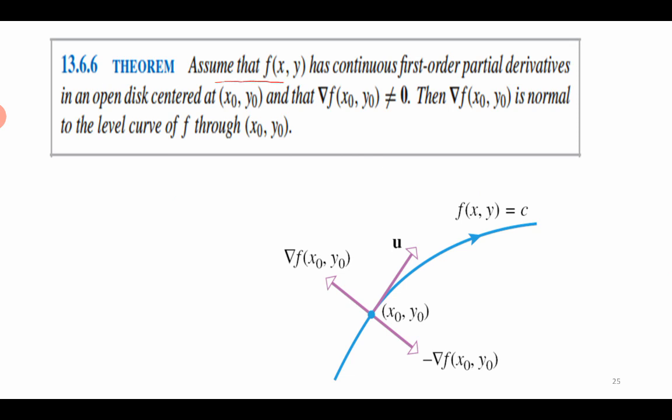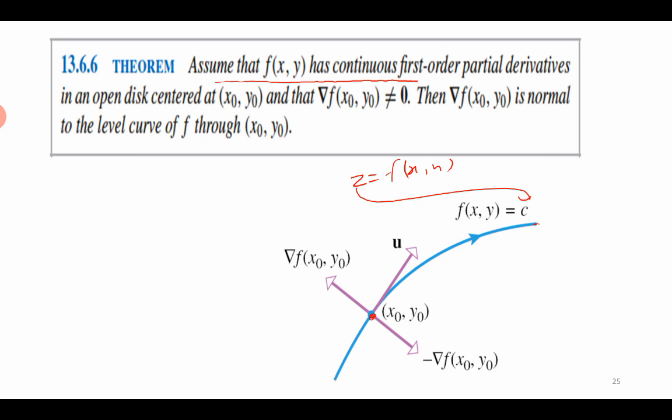f has continuous first order partial derivatives and is differentiable on an open disk centered at this point. At this point we are looking at a curve, which is the level curve of the function. If z is equal to f(x, y), the level curve is where z is considered to be a constant k or c.